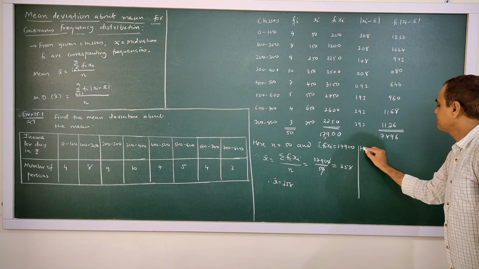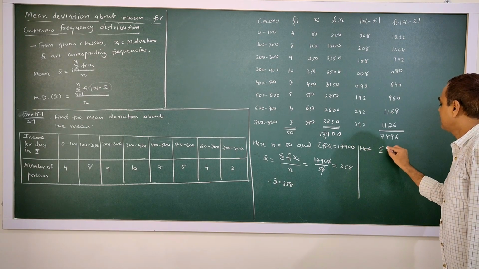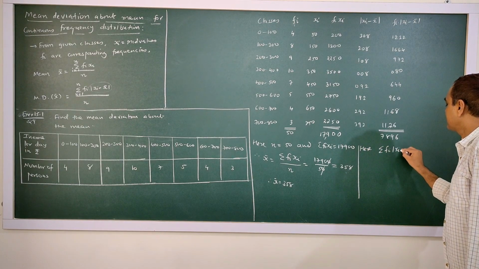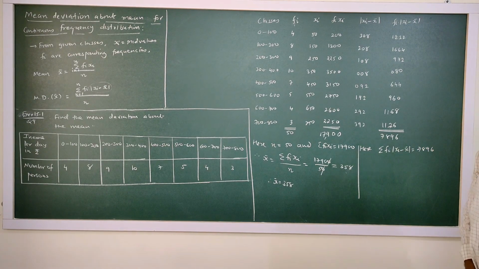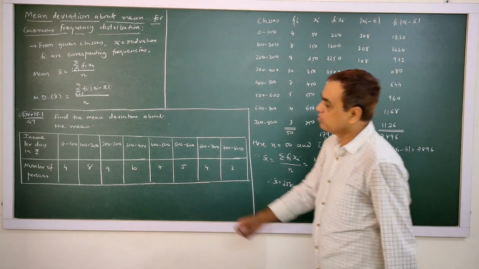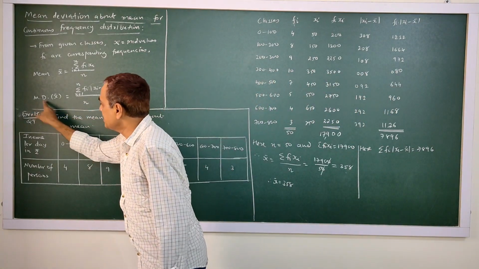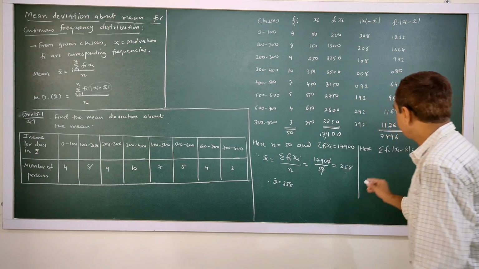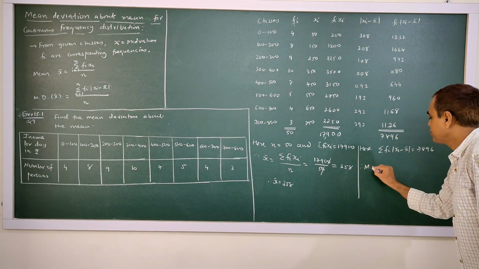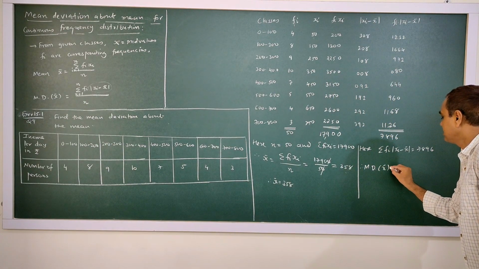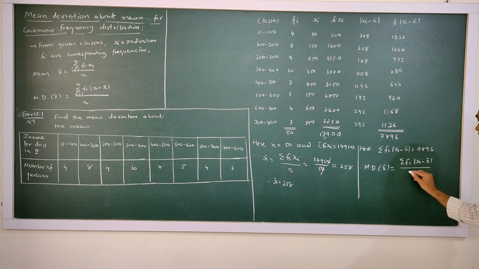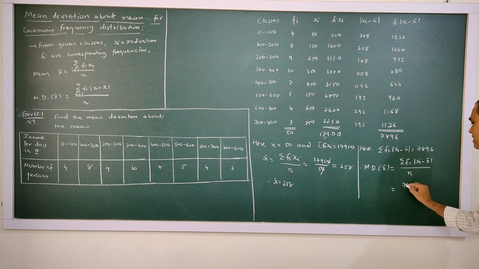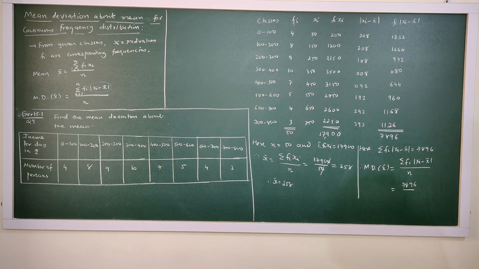So sigma Fi into modulus xi minus x bar is 7, 8, 9, 6. This value is required to calculate mean deviation from mean. Therefore, mean deviation from mean is sigma Fi into modulus xi minus x bar upon n. So that is 7, 8, 9, 6 divided by 50.